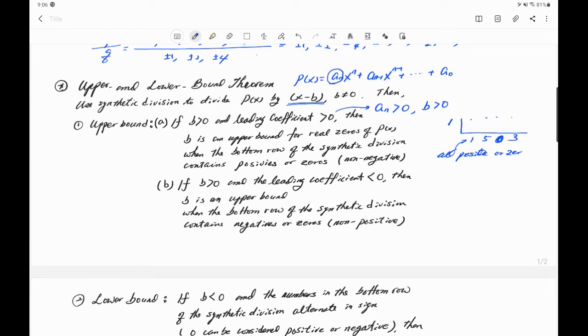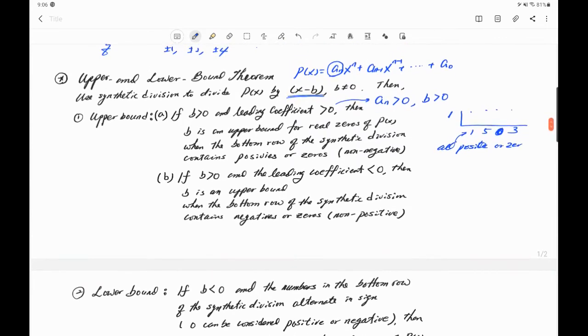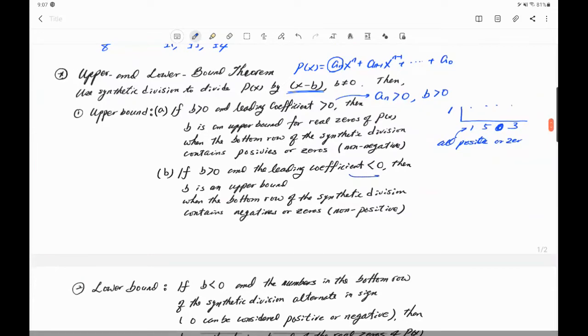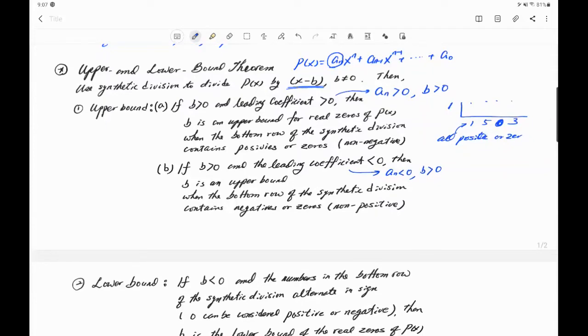Get it? All right. Now let's say the leading coefficient is negative, and of course we are dividing the polynomial by a positive integer. Then the bottom row of the synthetic division contains negative numbers this time.